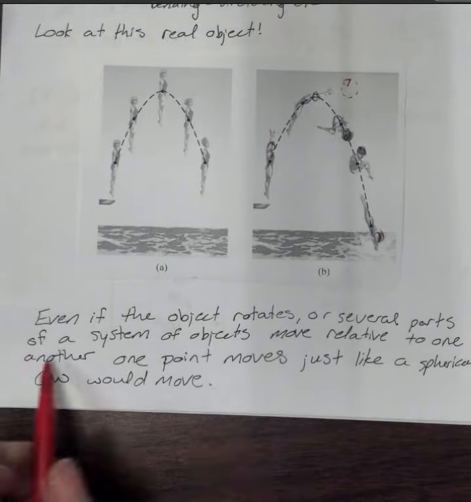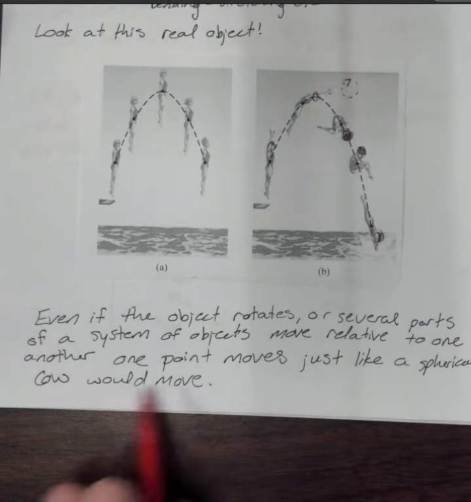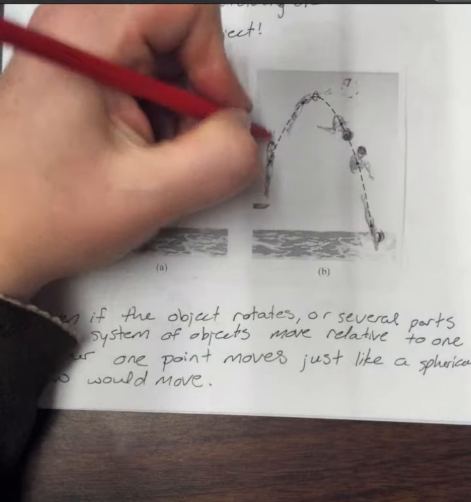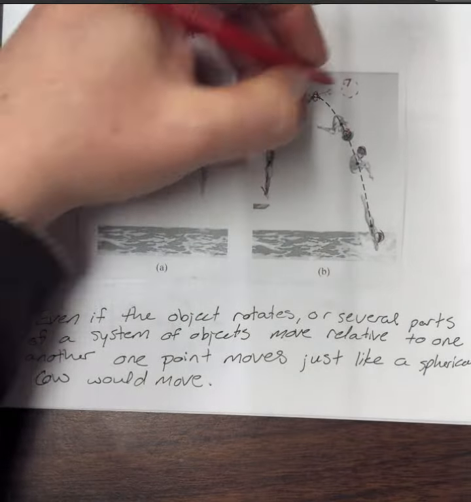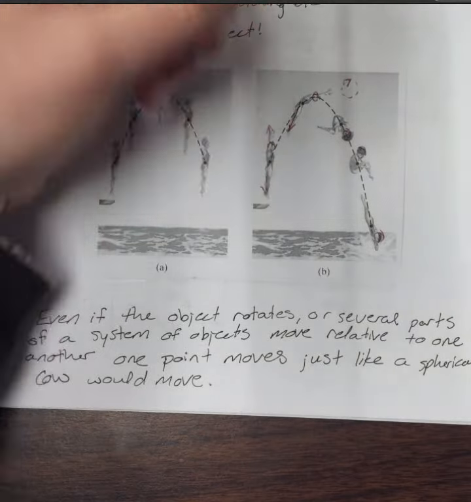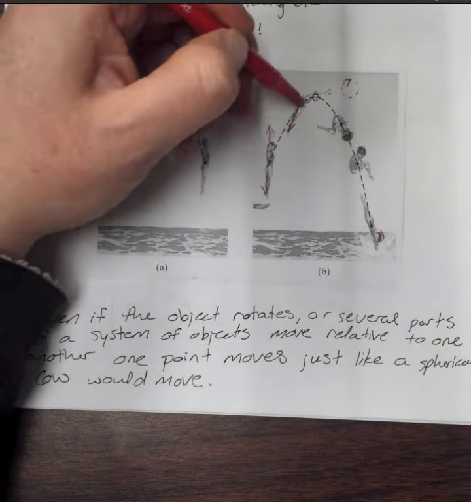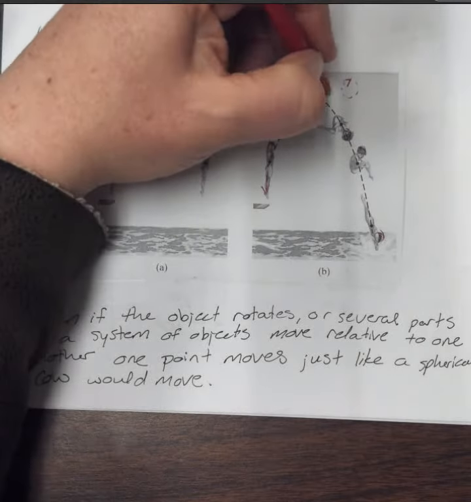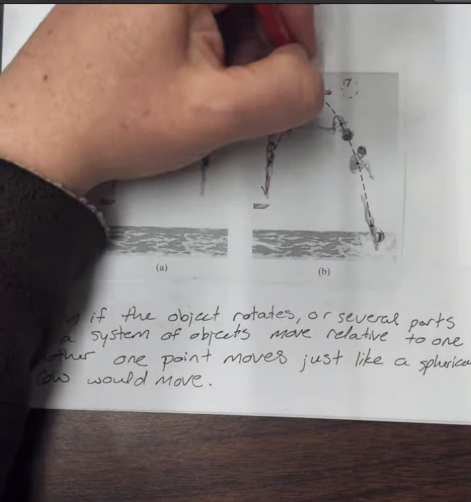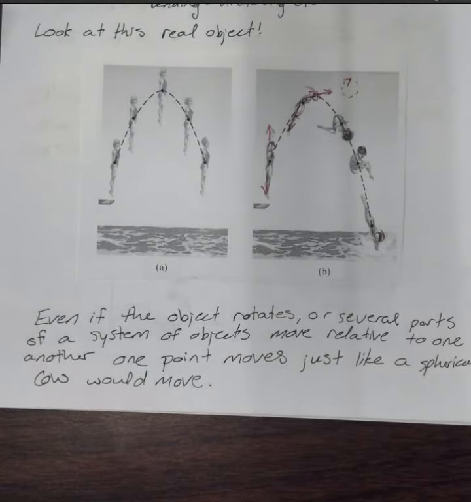Or if several parts of a system move relative to one another, her hands go up, her legs go down here. Her legs went from down, they swung back, and her hands went from up, they swung forward, so they moved relative to one another.